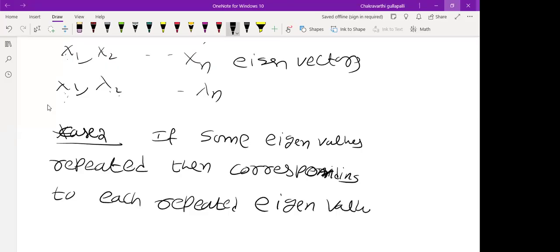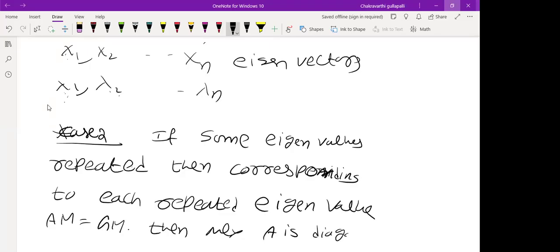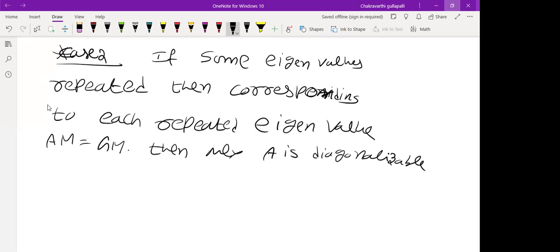Corresponding to each and every repeated eigenvalue, AM must be equal to GM. Then only A is diagonalizable. That is, A is diagonalizable if and only if this holds. It's not only a one-side condition, it is a both-sides condition.